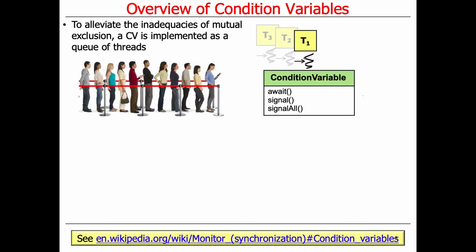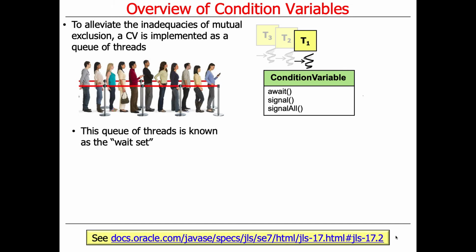To alleviate these inadequacies of mutual exclusion, condition variables are implemented as a queue of threads that are waiting for some change in a condition to occur, where the state of the program may now reach a desirable point where they can make forward progress. This queue of threads that's blocked, waiting to get access to some resource, is called the wait set.